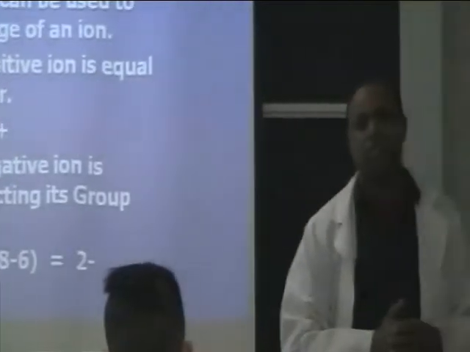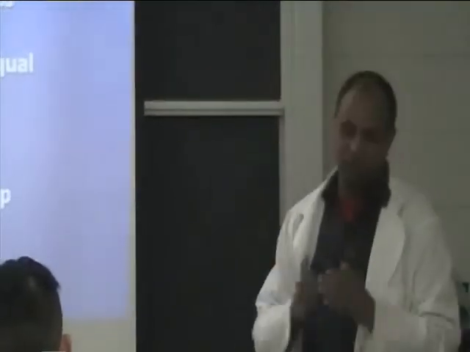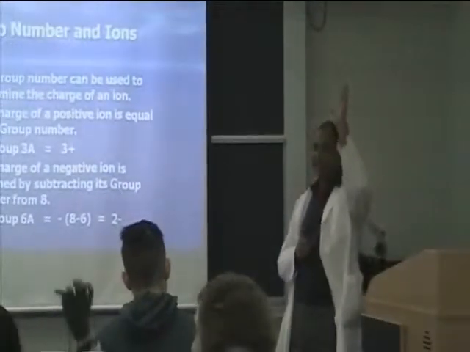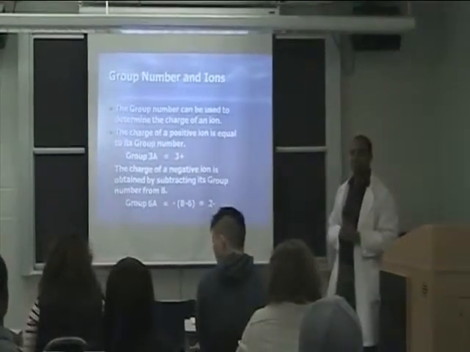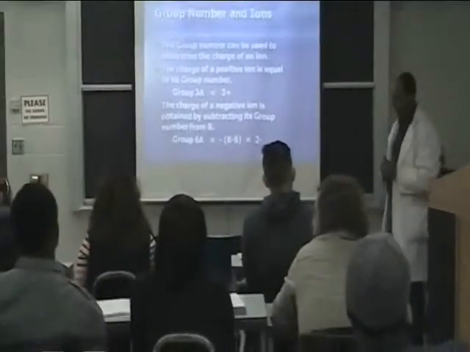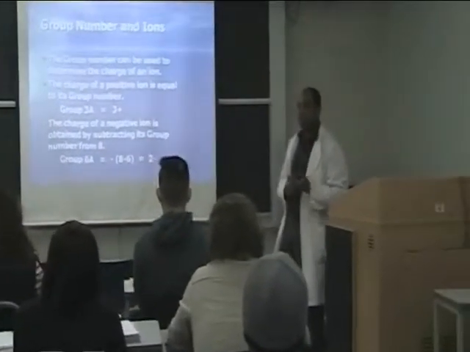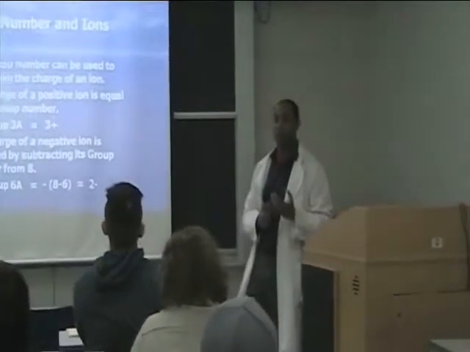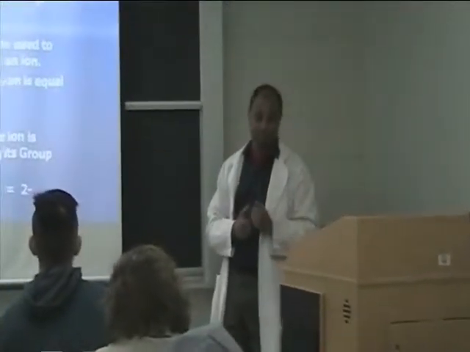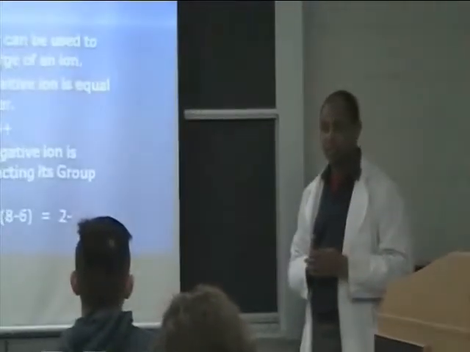Now, my question to you is, why is it negative 2? Raise your hand. Yes? Because it needs 2 electrons to be a stable octet. Yes, it needs 2 electrons to achieve what we call the octet. What does octet mean?